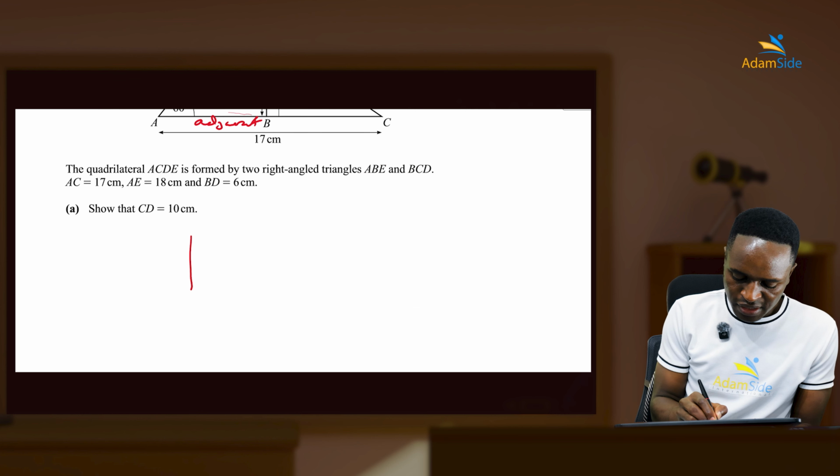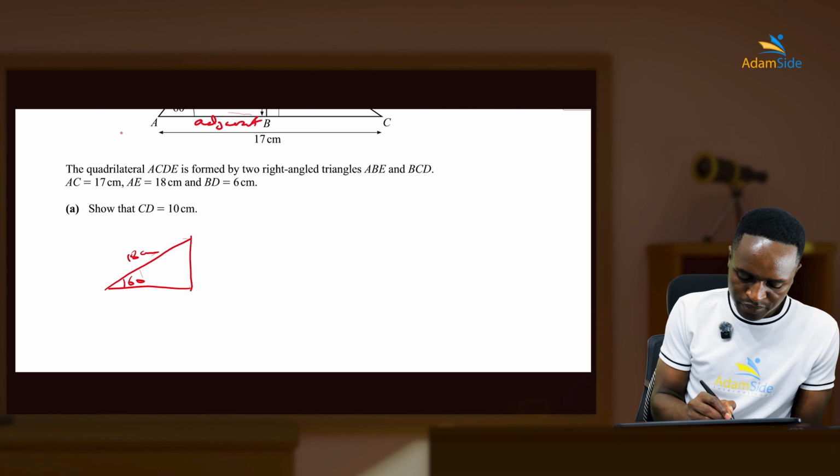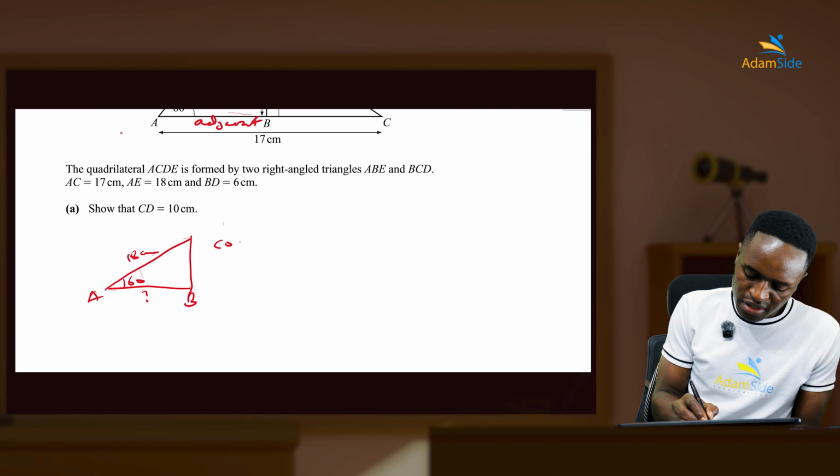The triangle we have is this. This is 18 centimeters. This is A. This is B. Now, we need to get this. We say cosine of an angle, cos theta, is equal to adjacent over hypotenuse.